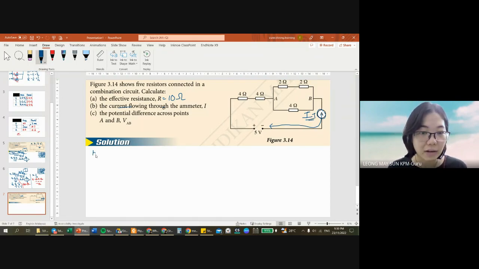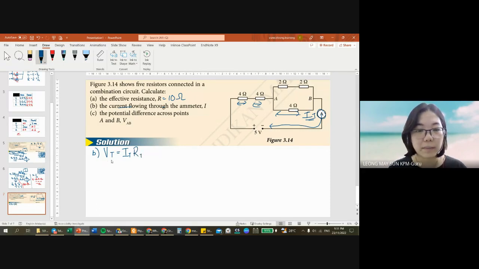In order to calculate the total current, you don't have to measure the current passing through each part. No need. All you have to do is, remember, V equals IR: V total equals I total times R total.